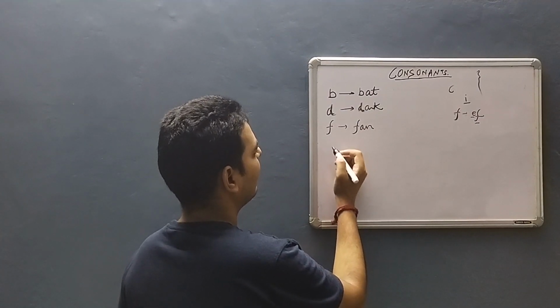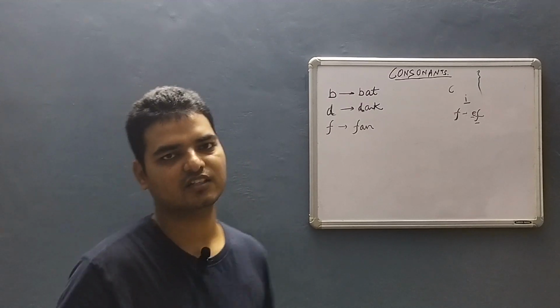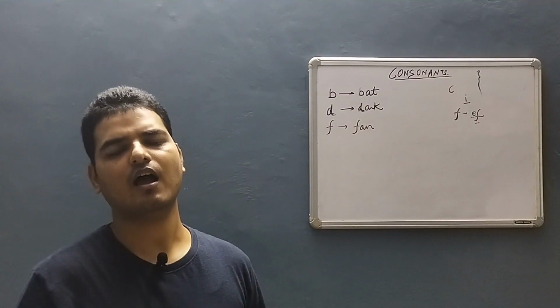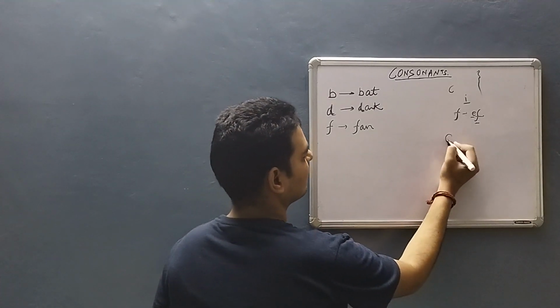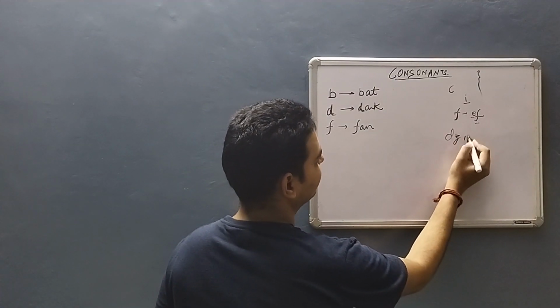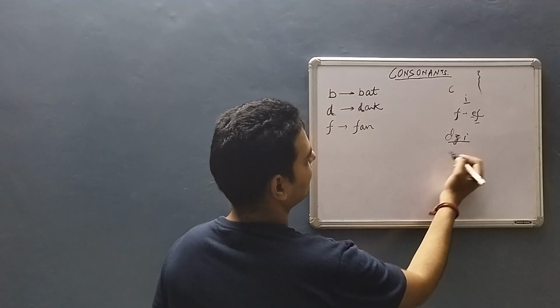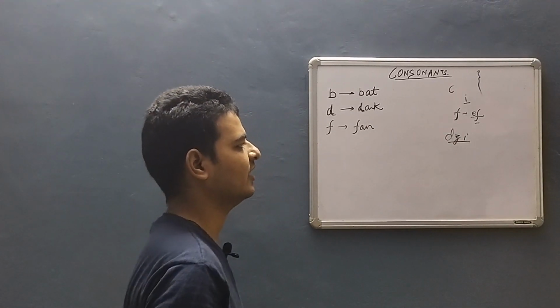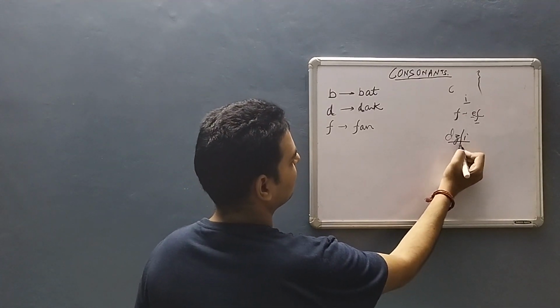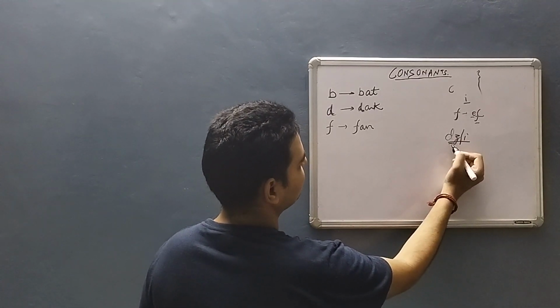So now the next letter is G. After F comes G. The G sound is this, J and E. In this sound you can understand we have two things. This is J, this is the consonant.